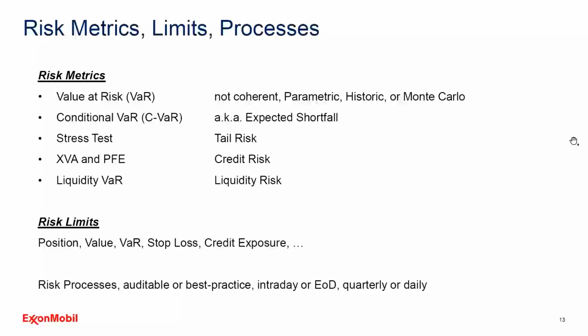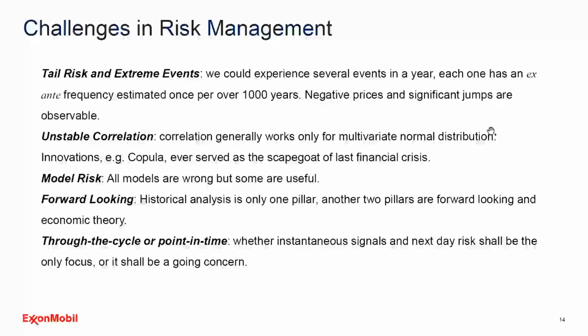So no one would expect the pandemic to go this way, and no one could expect the rebound to be this fast. So we have a lot of challenges, especially in the risk management area. The number one probably is always tail risk or extreme events, especially for the last 2 years.